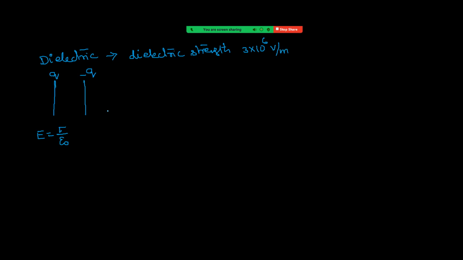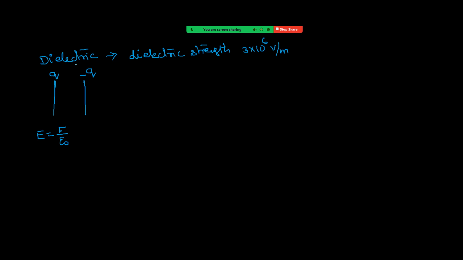Okay. But if we want to increase the capacity of holding more charge, then we place a dielectric between the plates. So the main purpose of keeping a dielectric between the plates is to increase the capacity of the capacitor. That means it can store more charge and hence more electric potential energy.